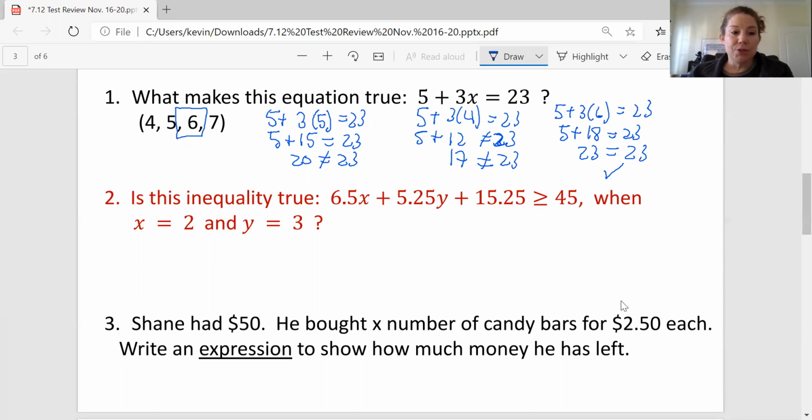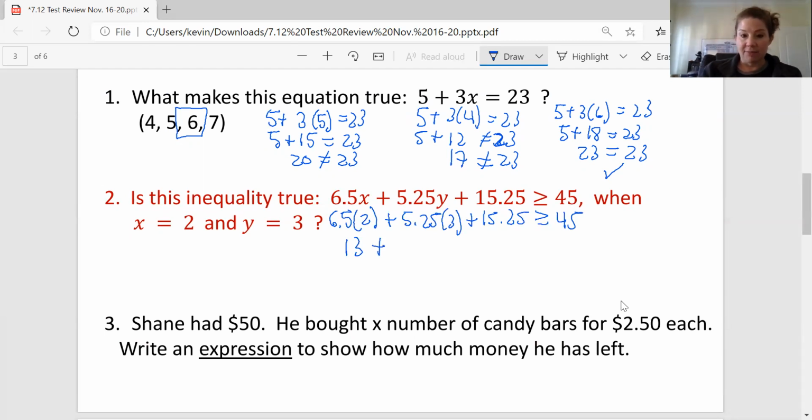All right, what about number 2 right here? We're going to plug in 2.5 for x, and we're going to plug in 3 for y, and see if this statement is true. Well, I know that 6.5 doubled is 13. And 5.25 times 3 is 15.75.